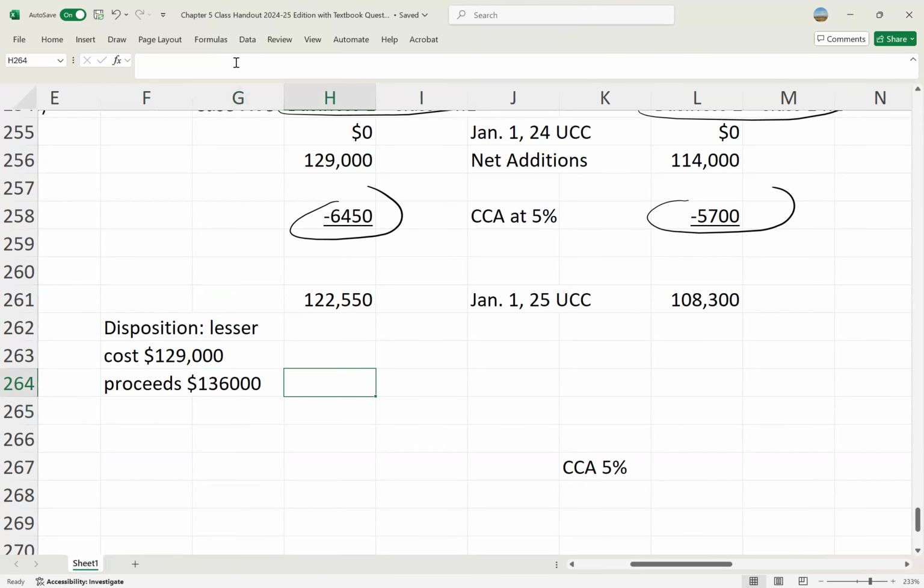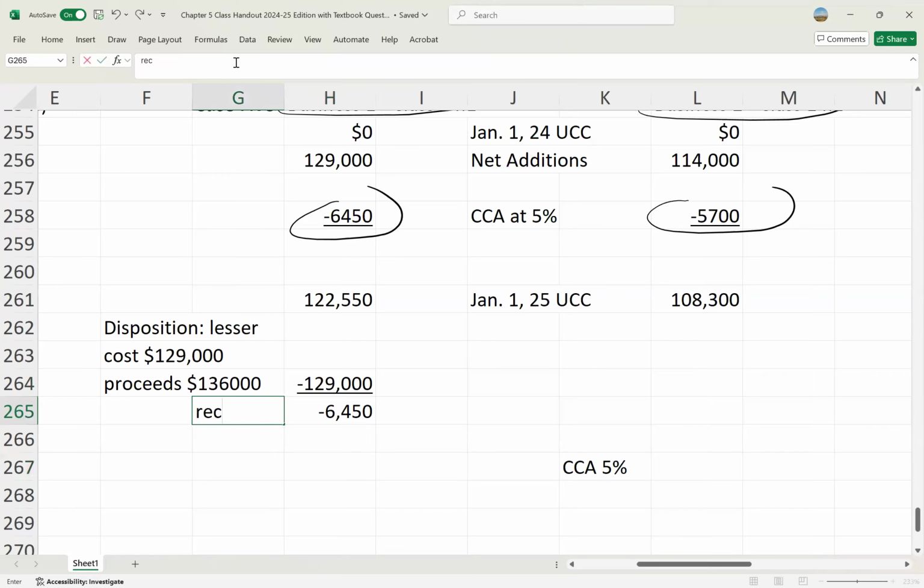So the lesser is going to be the 129. We have a negative amount. And remember, we have just sold the goodwill from this class 14.1. We have a negative amount.